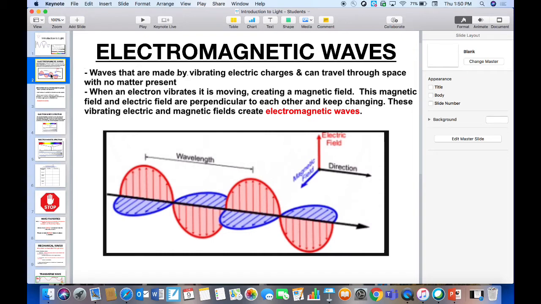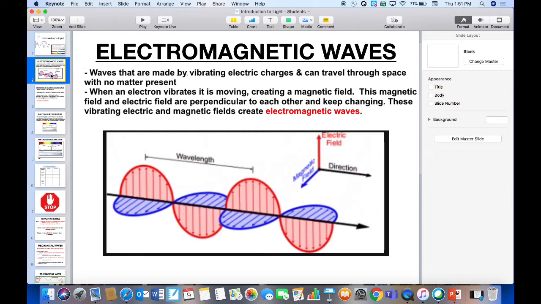How do these electromagnetic waves form? These waves form when you have an electron. And remember, whenever you have a vibrating electron, you have a magnetic field. So when that electron vibrates with these waves, they're moving and they're creating a magnetic field. And when that magnetic field keeps moving, what is it doing?